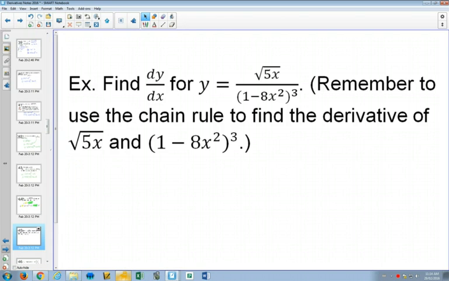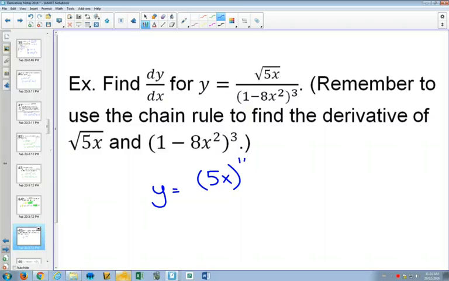So first of all, I see the square root. And we have a function on the top and a function on the bottom.